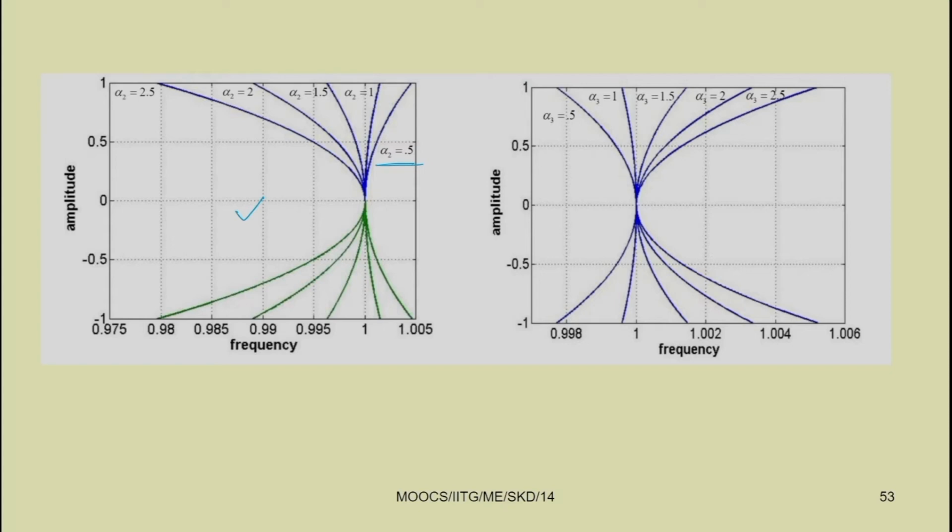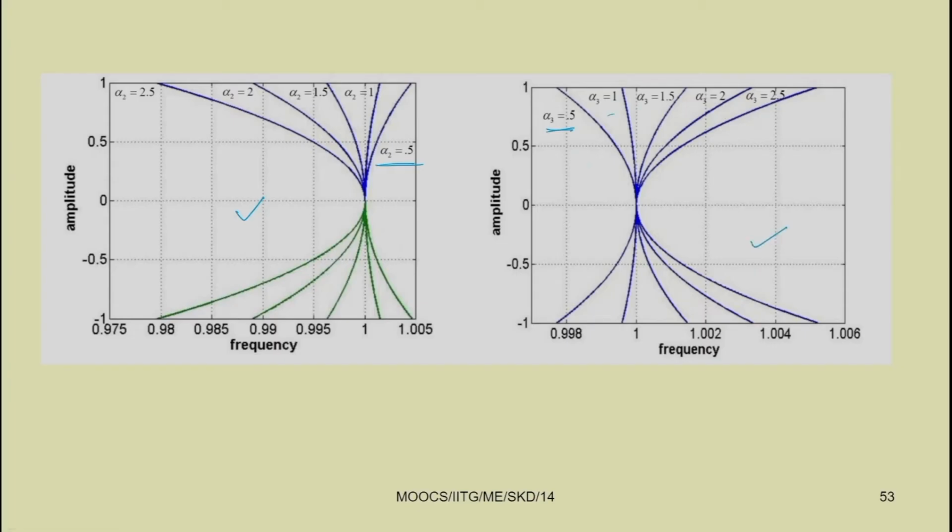Similarly, by changing this alpha 3, for example, we have taken alpha 3 equal to 0.5 here. By taking alpha 3 equal to 0.5 and increasing its value, you can see the frequency response curve.